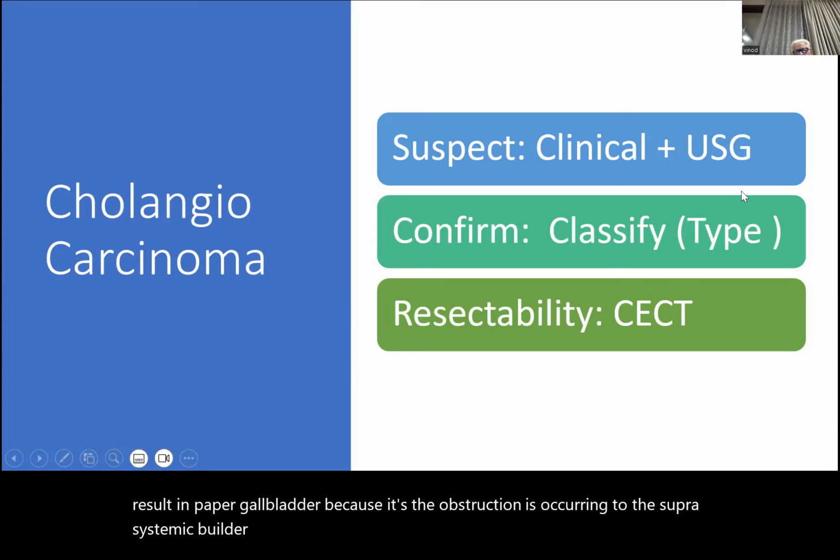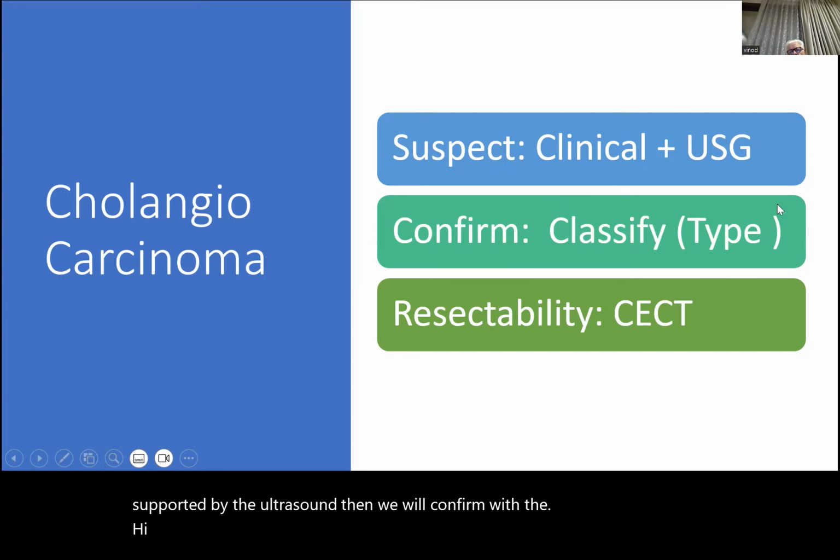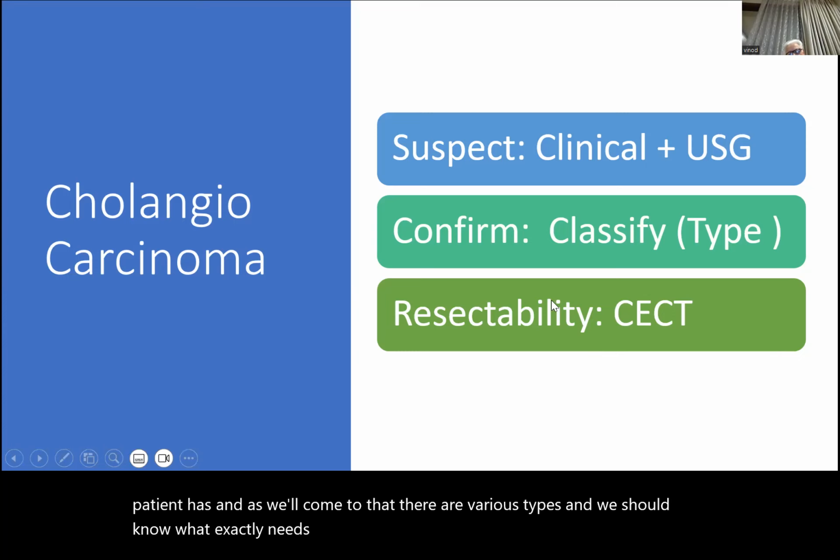So that's how we will reach a clinical diagnosis, which will be supported by the ultrasound. Then we'll confirm with investigations what type of cholangiocarcinoma the patient has. And as we'll come to that, there are various types and we should know what exactly needs to be done. And the next thing is to ascertain resectability.